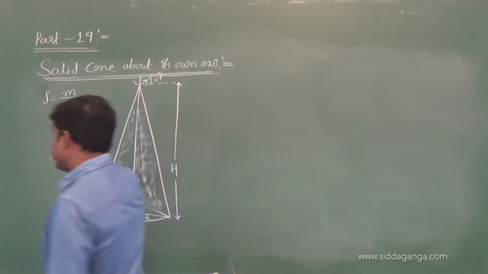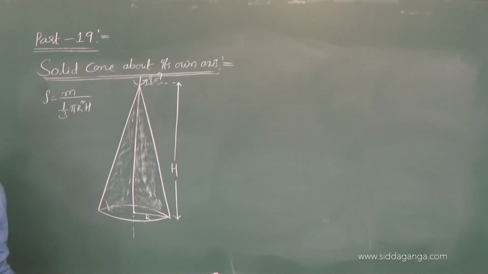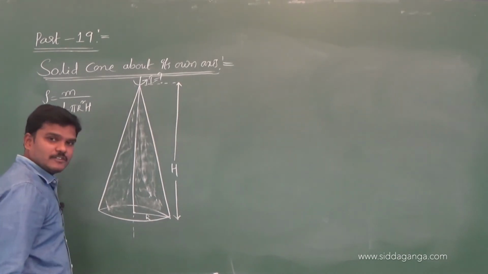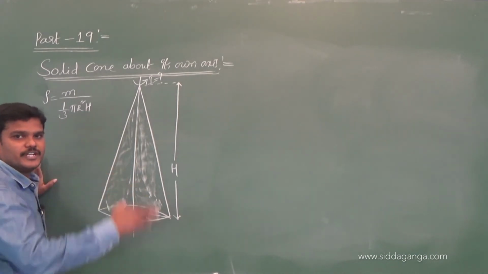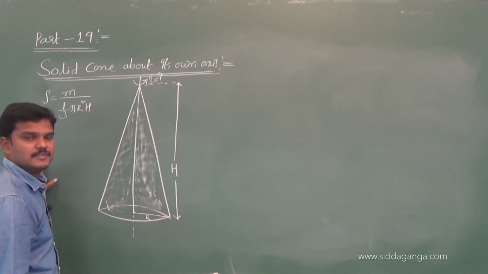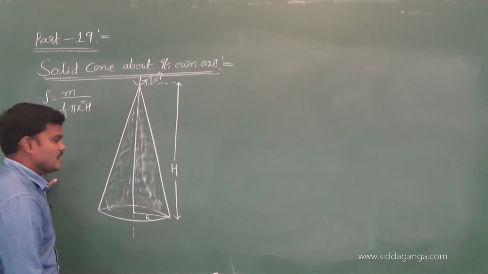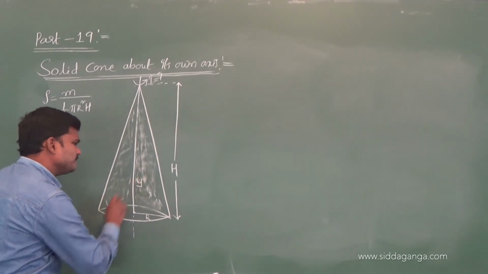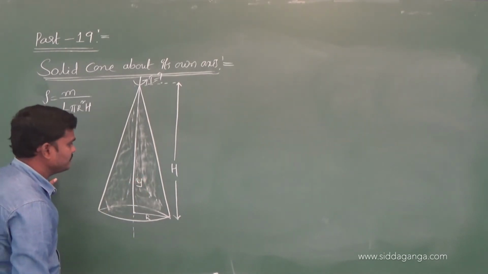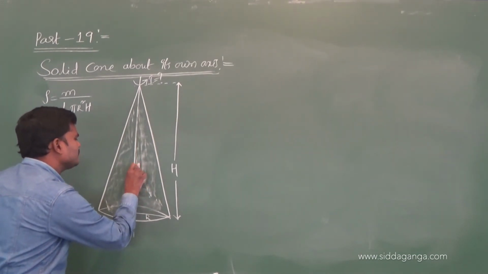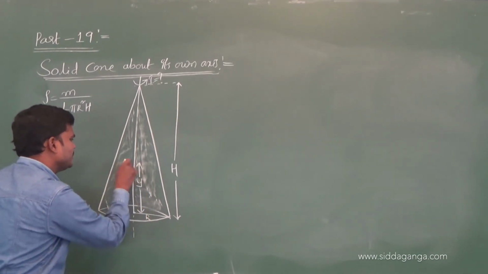Now rho is equal to 3m by pi r square h. To find the moment of inertia, let us again go for a small part. Let us see how to take the small part. At a distance of y, at a height of y, I am taking a small part.